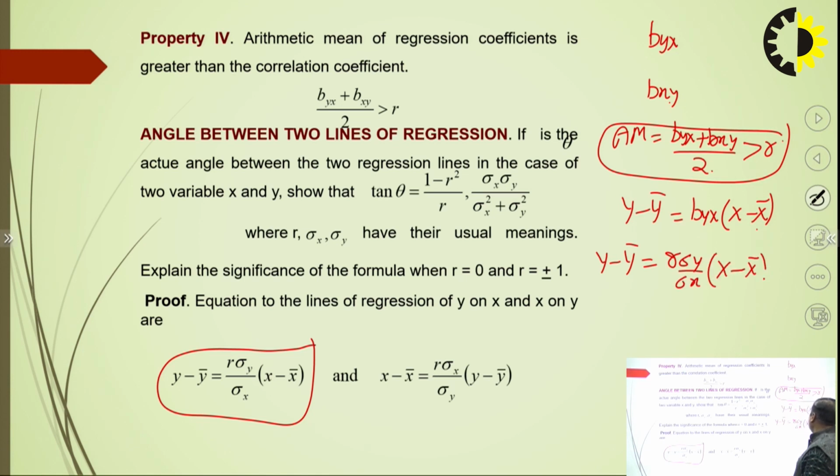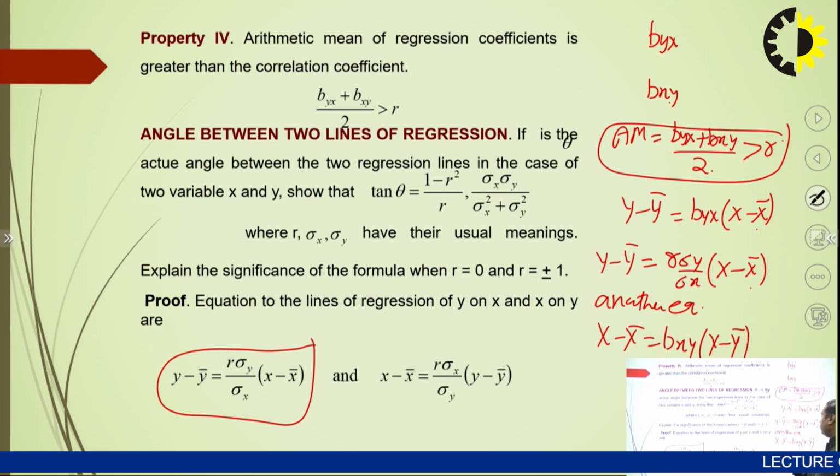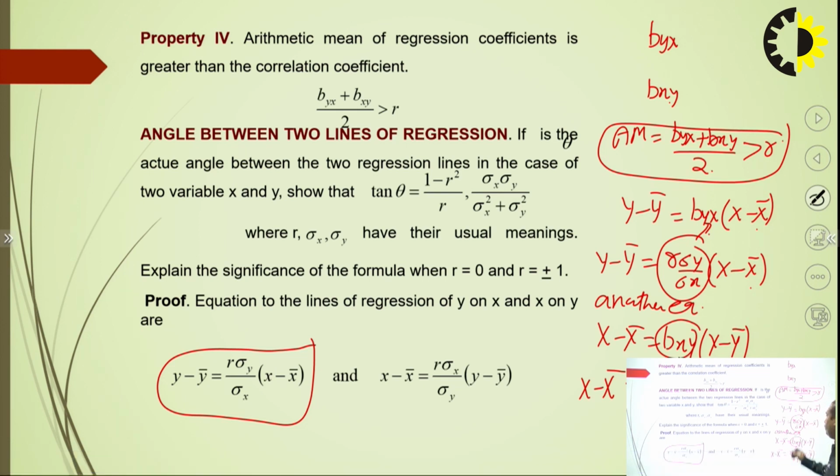Another equation is x minus x bar equals bxy times y minus y bar, where bxy is r sigma x upon sigma y. That means byx and bxy have these values, and we have to find the gradient.